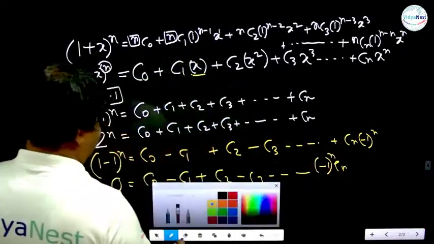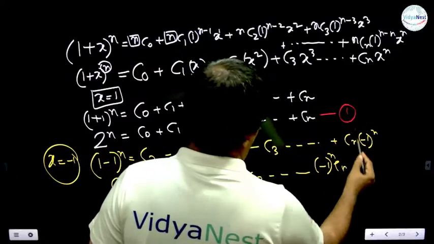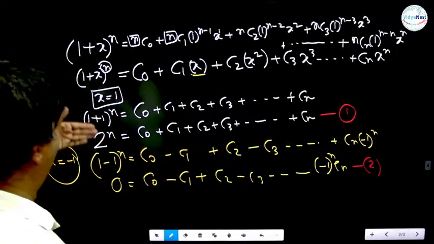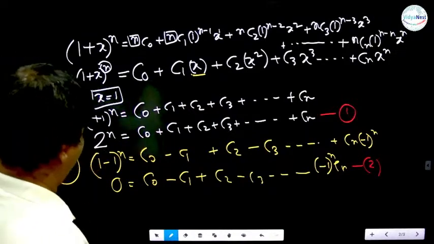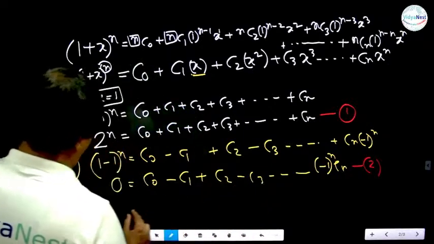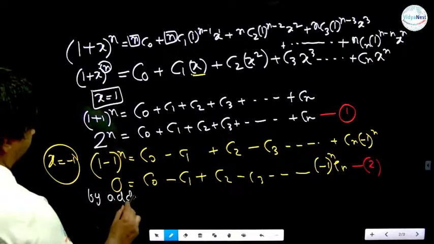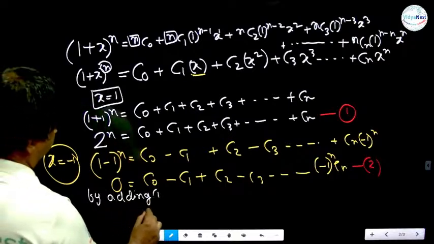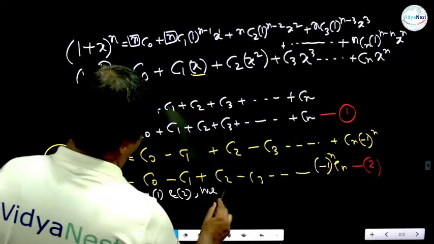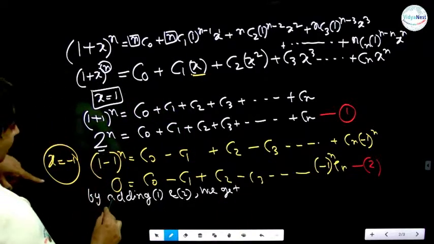Now label it as equation 1 and equation 2. Now if I add 1 and 2, we get 2 to the power n plus 0.